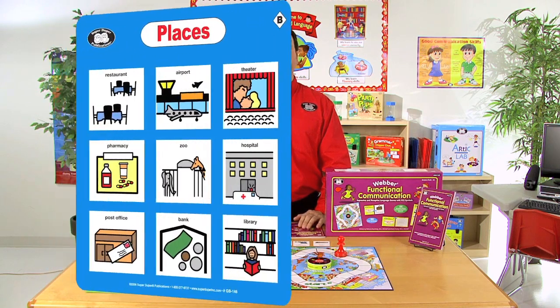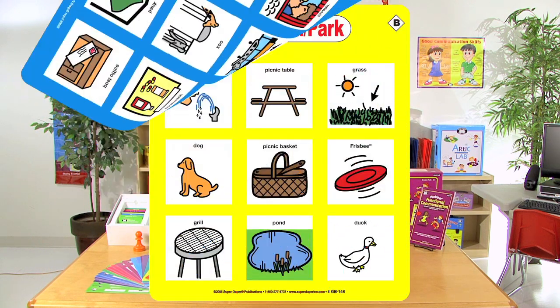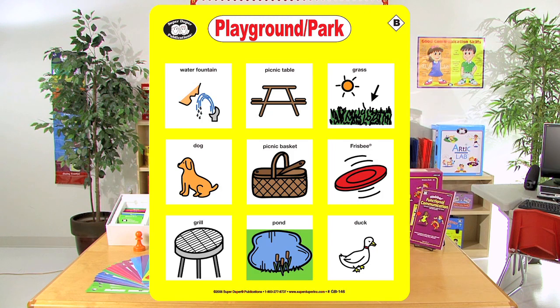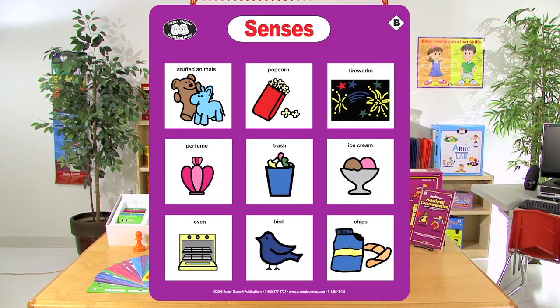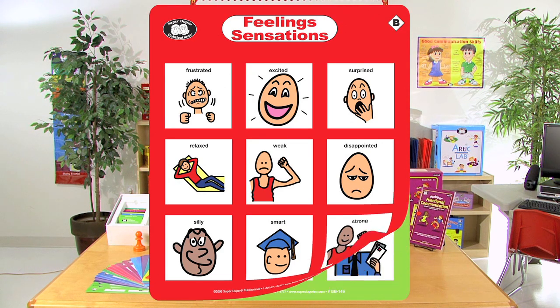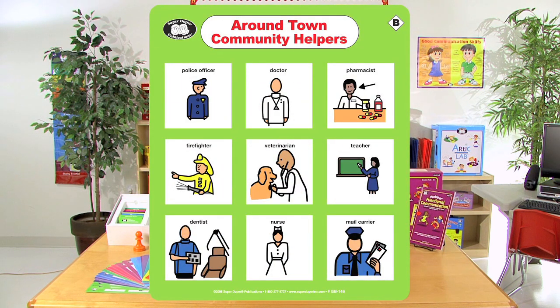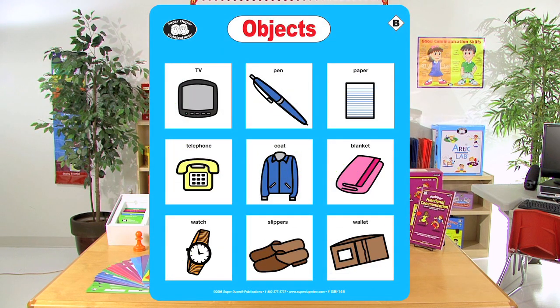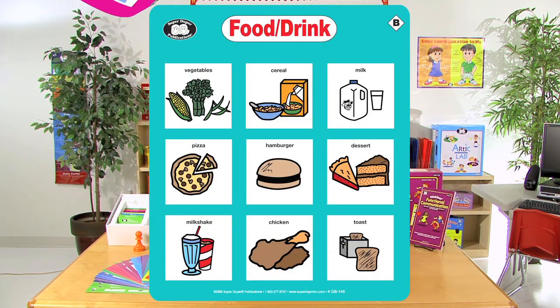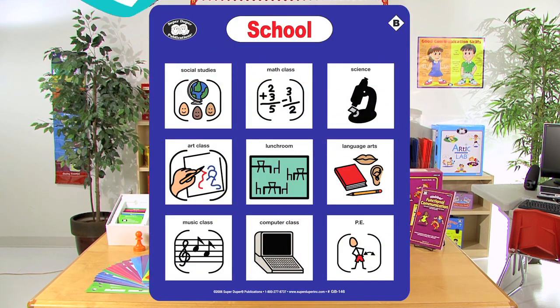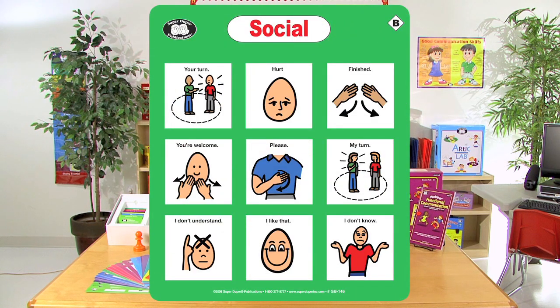These areas include places, playgrounds and parks, hygiene, senses, feelings, around town with transportation and community helpers, objects, small group that covers weather and seasons and days of the week, food, drink, school, and social.